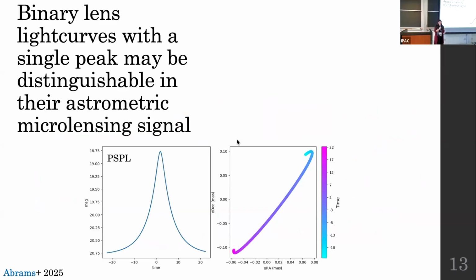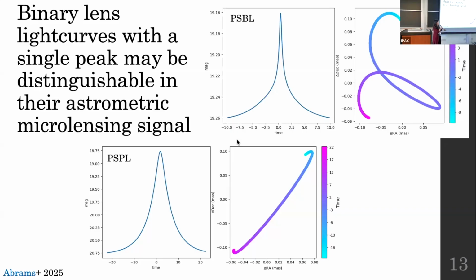While it's difficult to distinguish, astrometry may help to distinguish single source, single lens events from binary lens events. Here's a typical light curve and corresponding astrometric signal for a single source, single lens event. Then up here we have a binary lens event where the light curve would be difficult to distinguish from the single source, single lens case, but in the astrometry you have a significantly different signal.